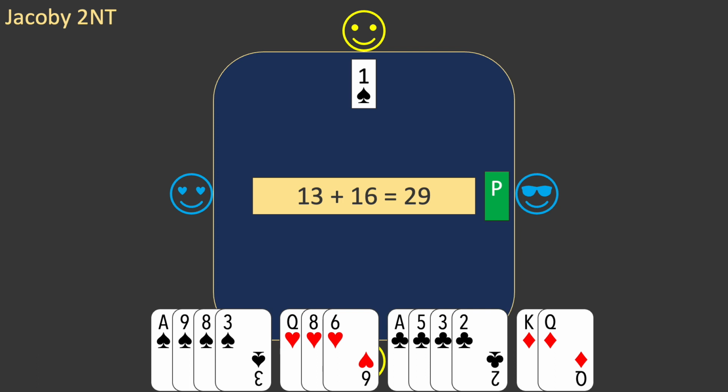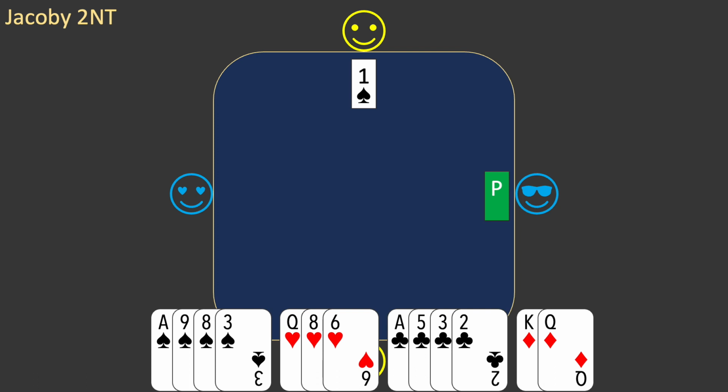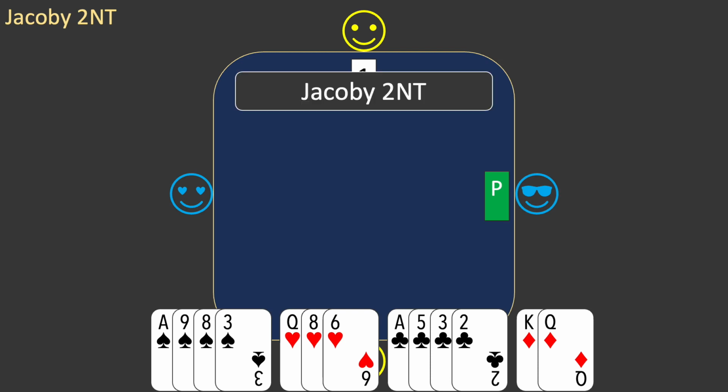This is enough for a game contract of 4 spades, but if partner has a few more points, a slam may be possible. So how can you pass all this information to partner? The answer is you consider using the Jacoby 2NT convention.